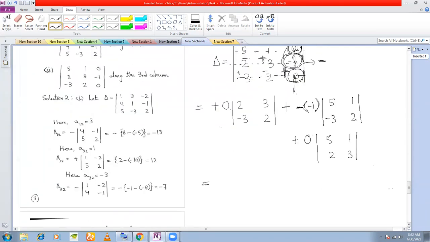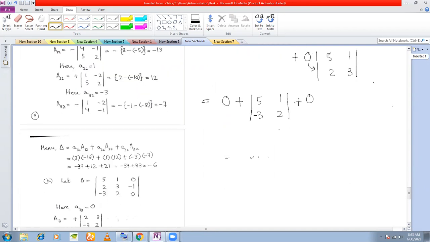So what are we getting here? 0 into all this will give you a 0, right? This minus sign will combine with this minus sign to give you a plus sign. Plus 1 into 5, 1, 3, minus 3, 2. Plus 0 into this will give you a 0. So what are you left with? You're only left with a determinant of order 2.